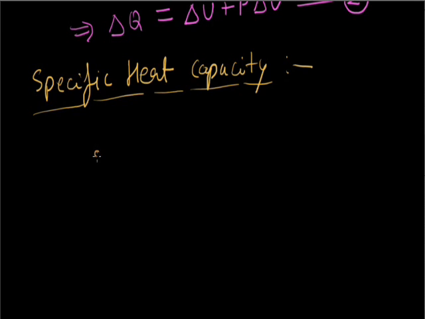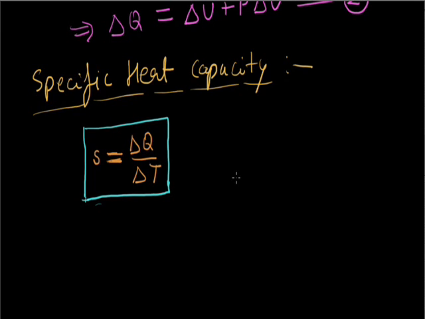Let's say we denote it with S, which will be equal to delta Q upon delta T. Suppose an amount of heat delta Q is supplied to a system, and we observe a sustainable change in temperature, that is delta T, a change from T to T plus delta T. Then the specific heat capacity would be the ratio of the amount of heat supplied, that is delta Q, and the change in temperature.